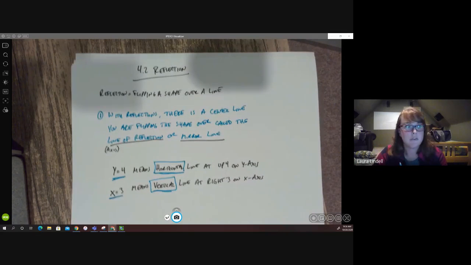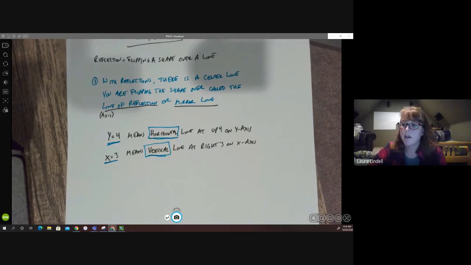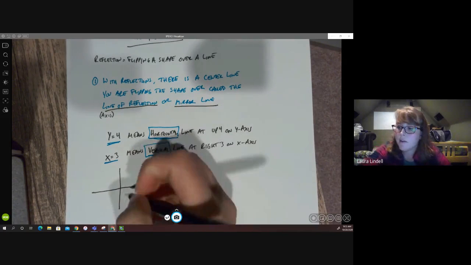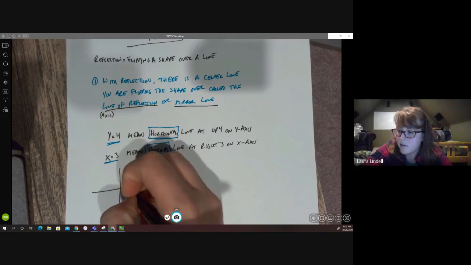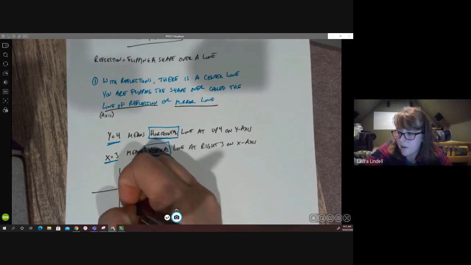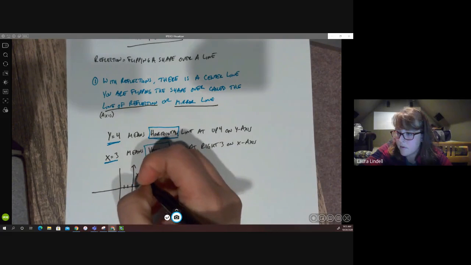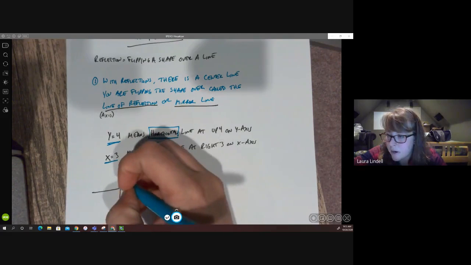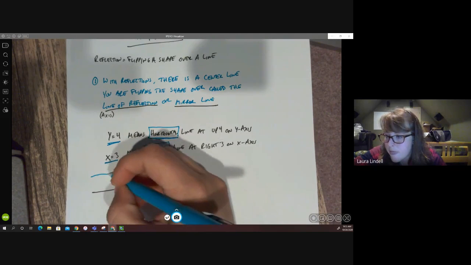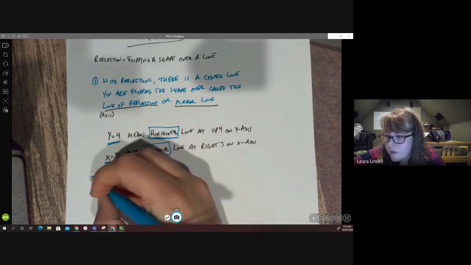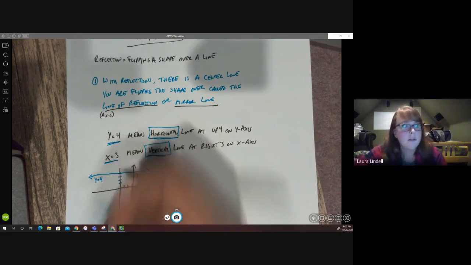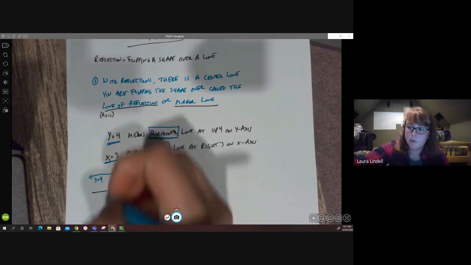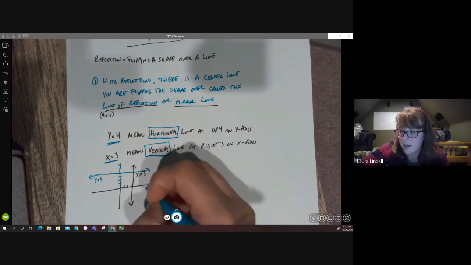So that's some important stuff to remember here when we're talking about what we're reflecting over. So again, x equals 3 is going to be right here. Y equals 4 would be if you go up 4, right there. But not to be confused with the y-axis and the x-axis.